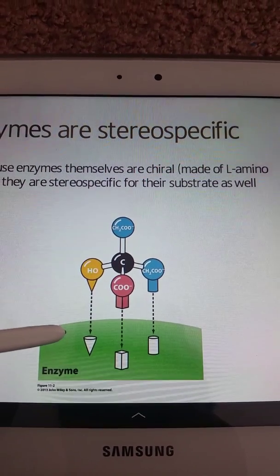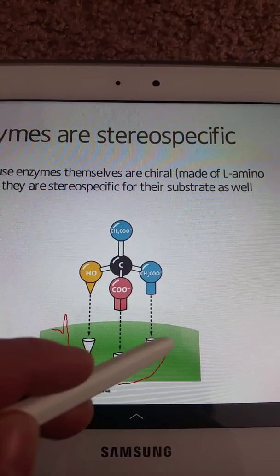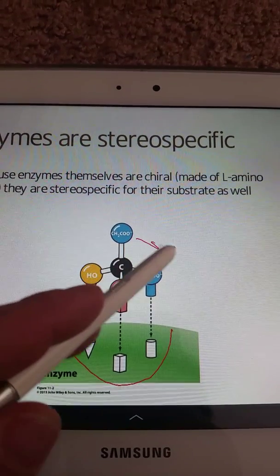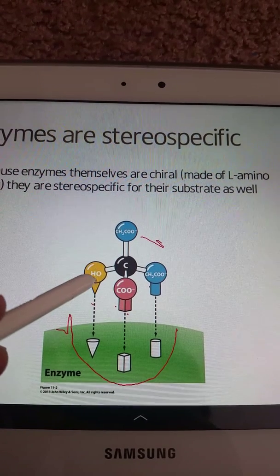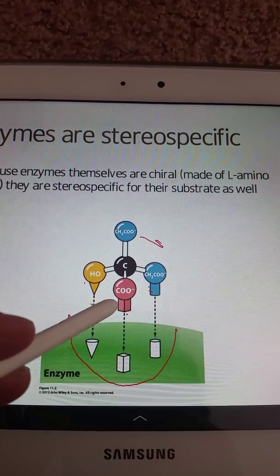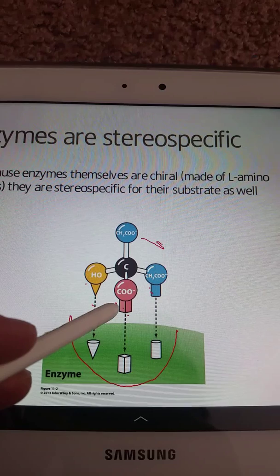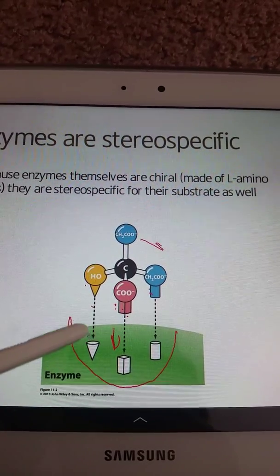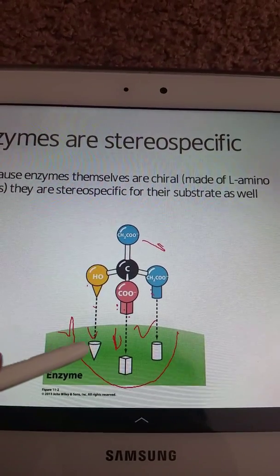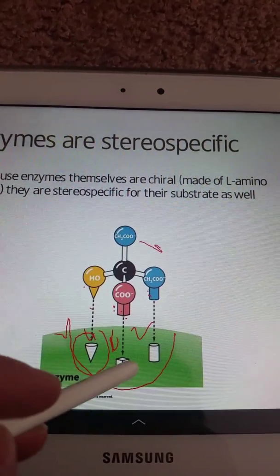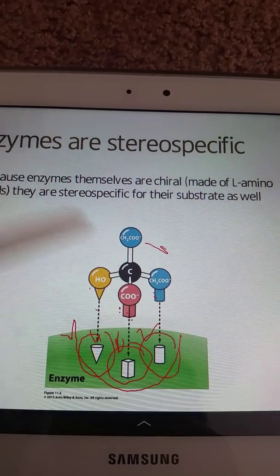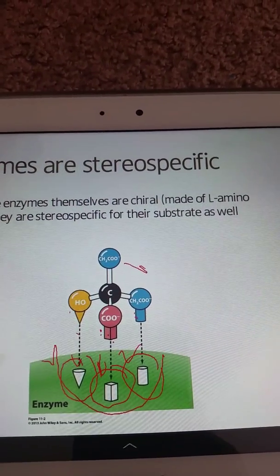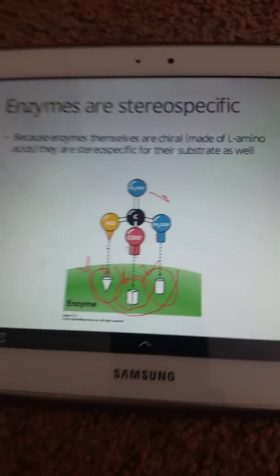As you can see here, in this enzyme active site and our substrate, if the molecules were arranged any differently, if this was flipped or these were flipped, you would see that it would not be able to fit very specifically into the active site, because the active site is specific for this cone, cube, cylinder pattern in that specific stereospecificity.